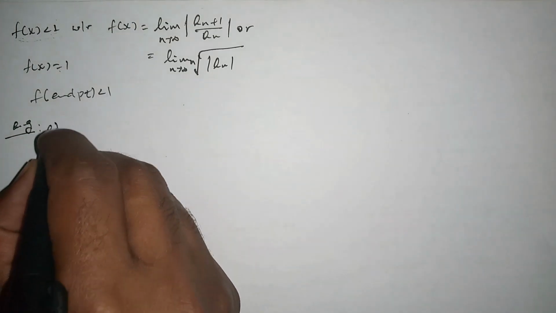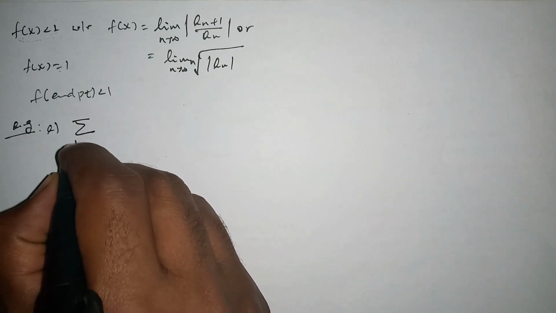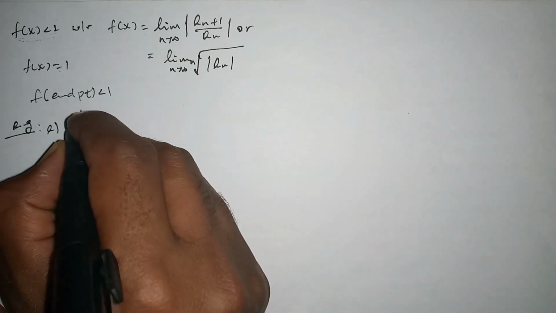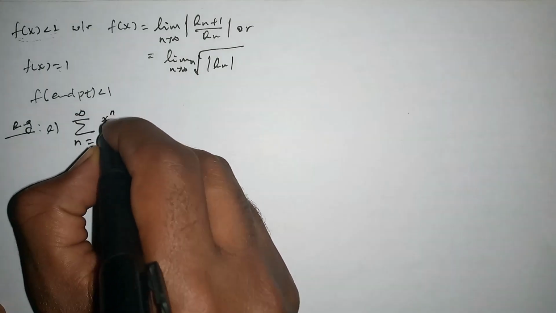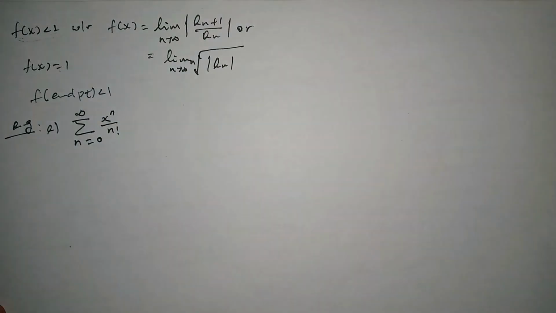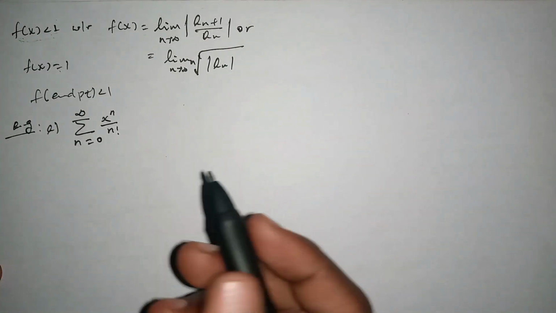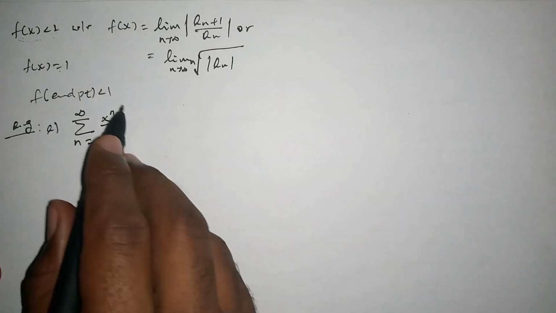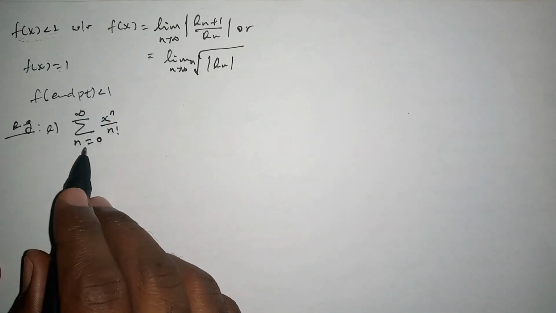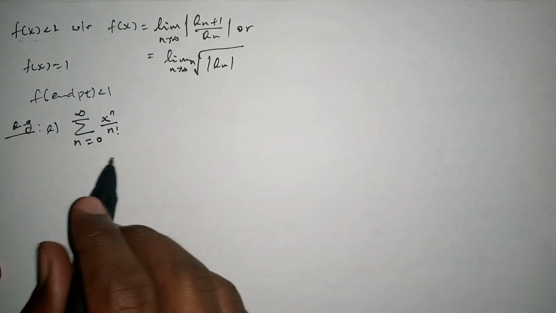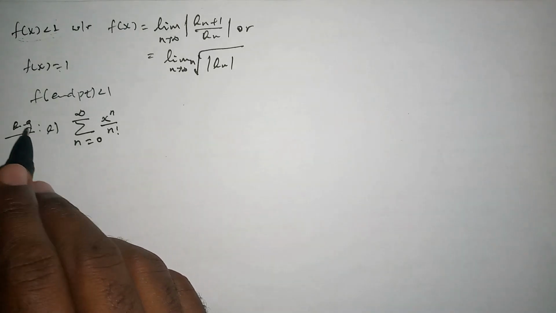Let's say a: the summation as n runs from 0 to infinity of x power of n over n factorial. In this example, let's follow steps to find the radius of convergence and the interval of convergence of this series.